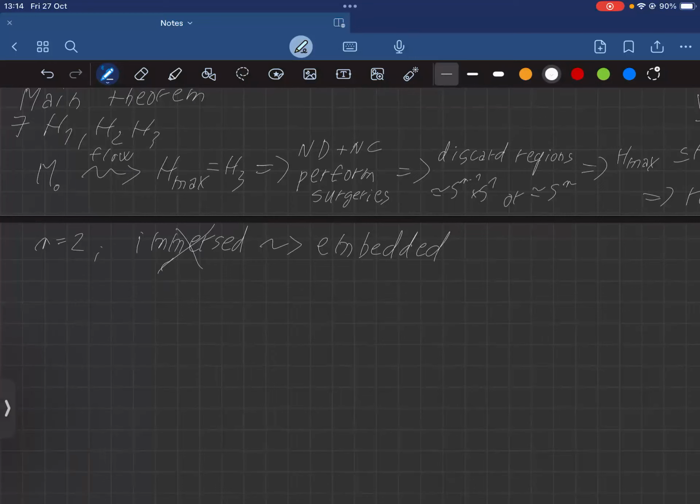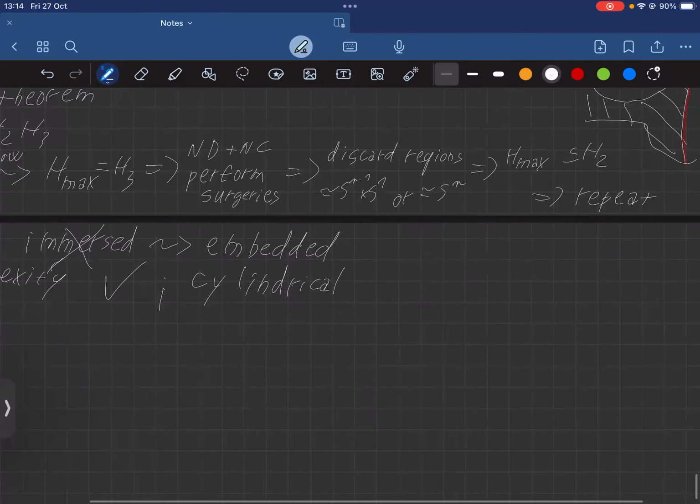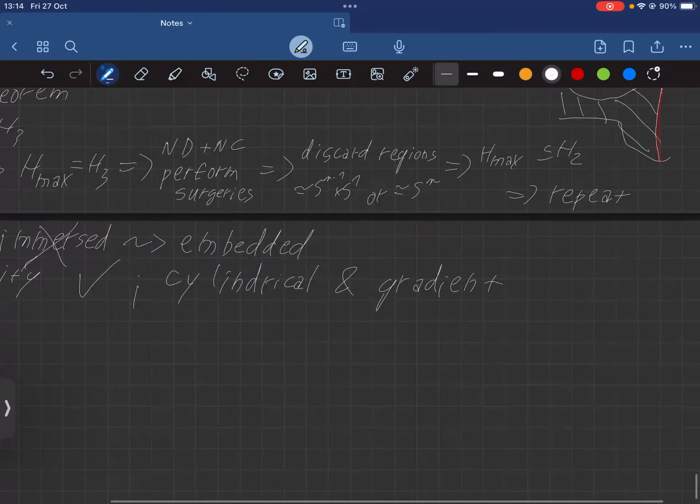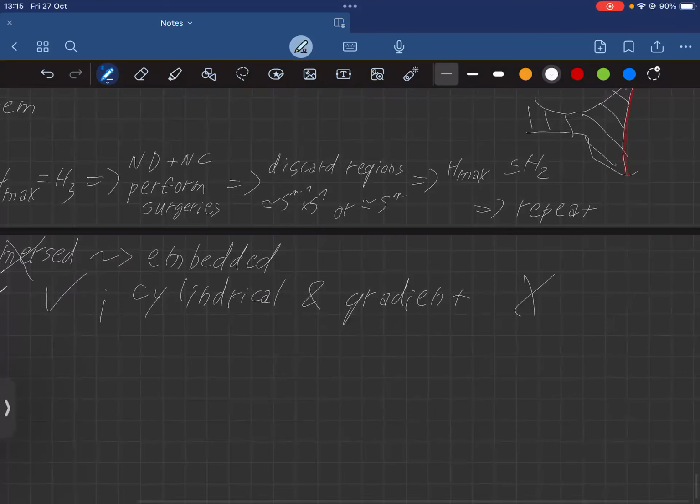Then we had the convexity estimate. The convexity estimate turns out to work, which is nice. So we don't need to deal with that either. But the cylindrical and gradient estimates are the ones that cause the problem. They actually stop working.